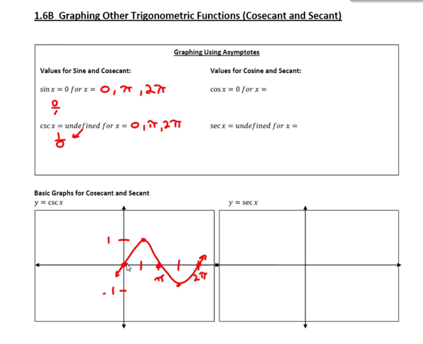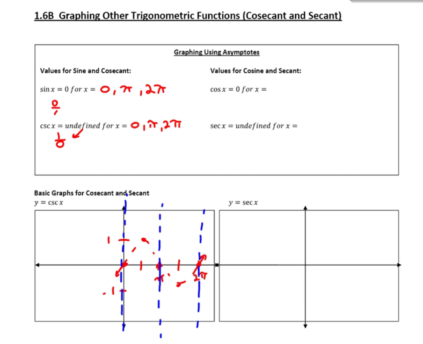Okay, and so when I draw in this sine graph, what I actually want to do is draw it in dashed, like a dashed line, because it's just going to give me a general idea of where my cosecant graph is going to go. And my cosecant graph is going to have asymptotes at those places where the sine graph has zeros, because it's going to be undefined.